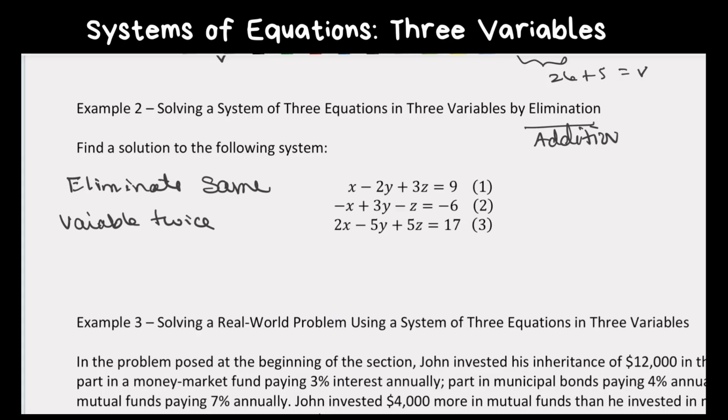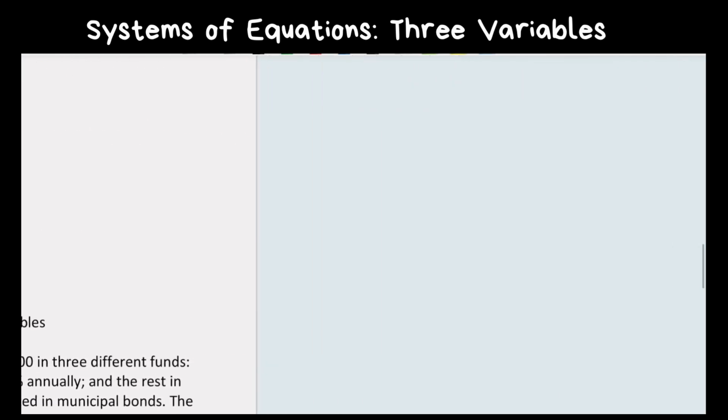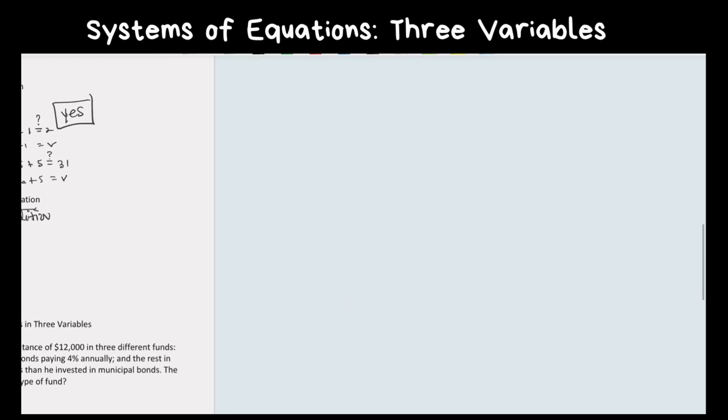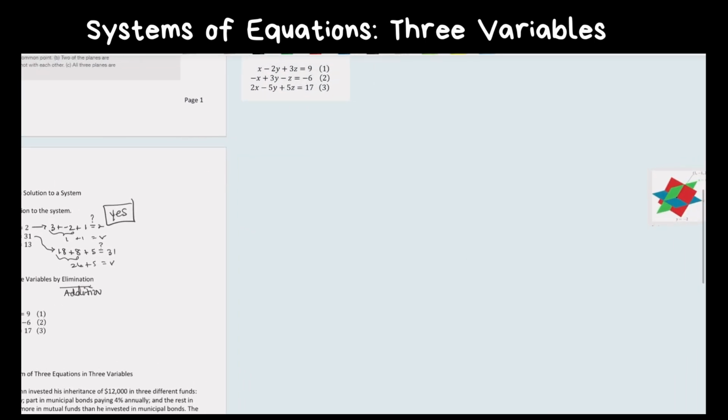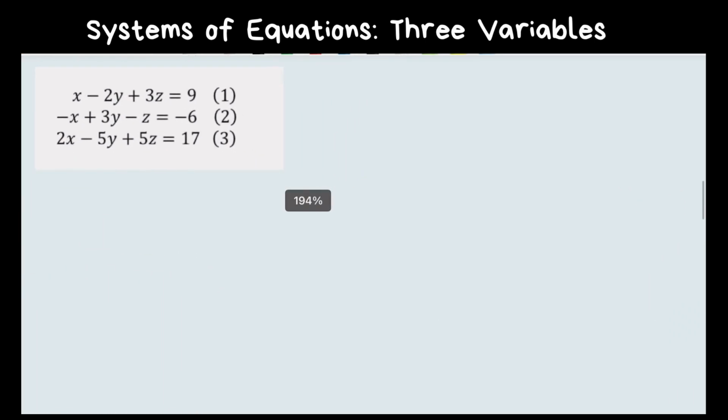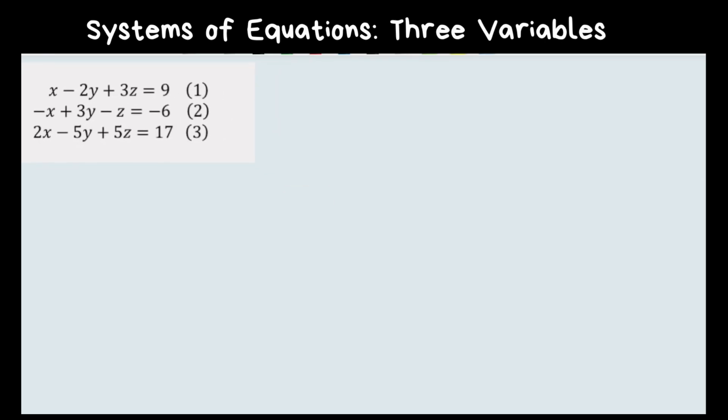So I'm going to move over here. I definitely need more room for this one. Here it is. Okay. So what I'm going to do is take equation 1 and equation 2, and I'm going to notate it like that.